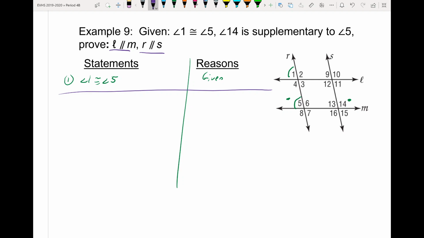I can go ahead and use the corresponding angle postulate converse to show that those 2 are parallel. So, I can say that L is parallel to M, and that is by the corresponding angle postulate converse. Okay, so I've got this one done already.